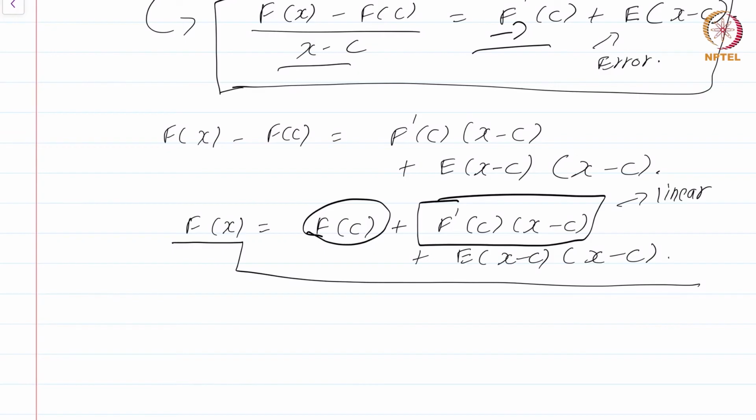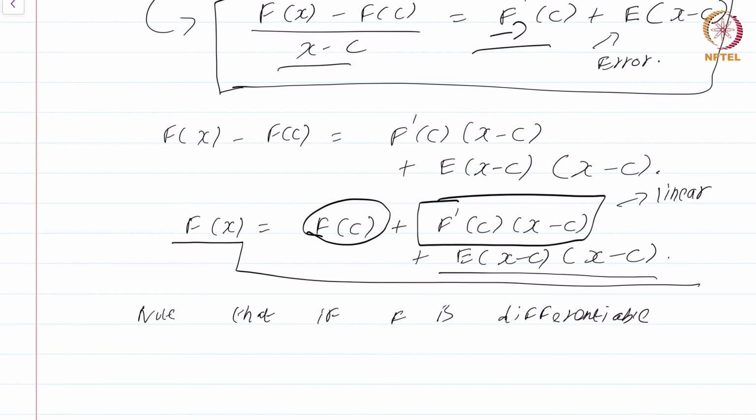Plus an error term, error of (x minus c) into (x minus c). Now note that so far all the manipulations I have done do not assume that f is differentiable. In the place of f prime of c, I could have put any real number and I would have got the exact same expression. I would have achieved nothing.